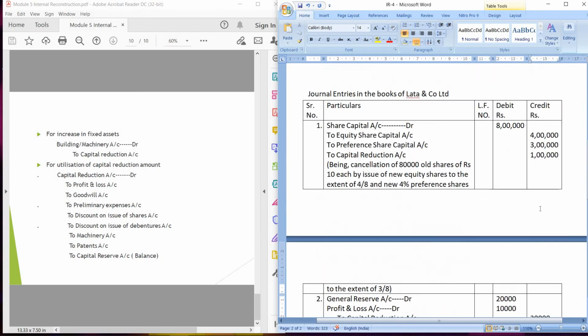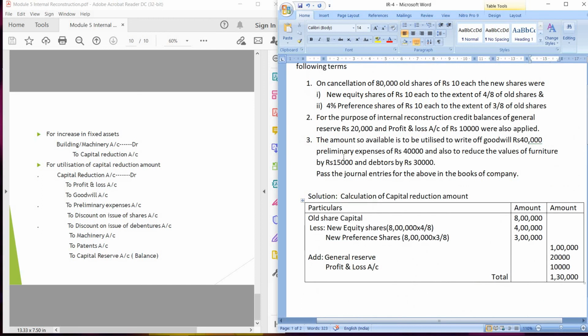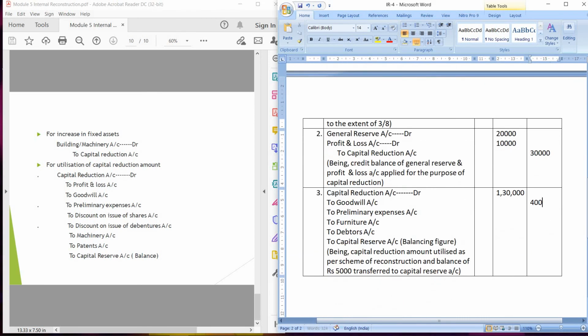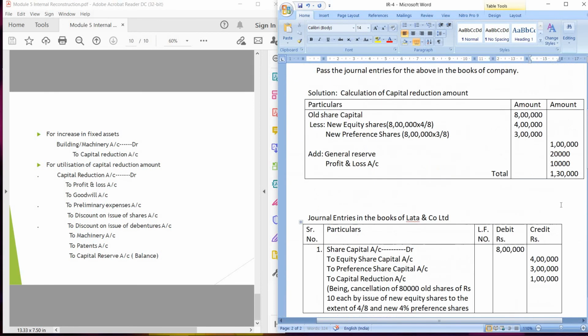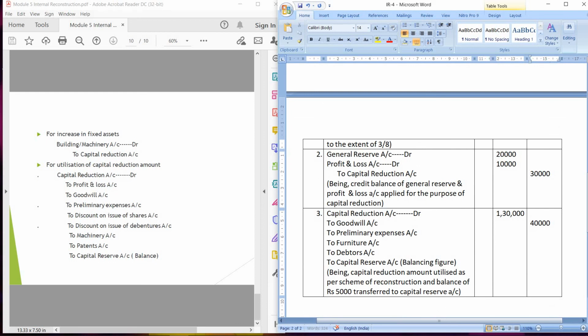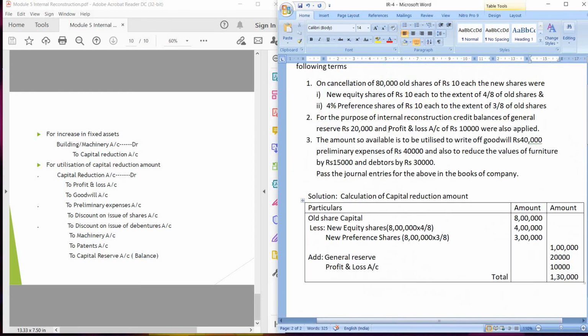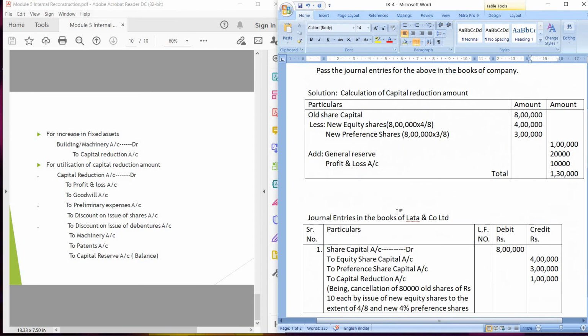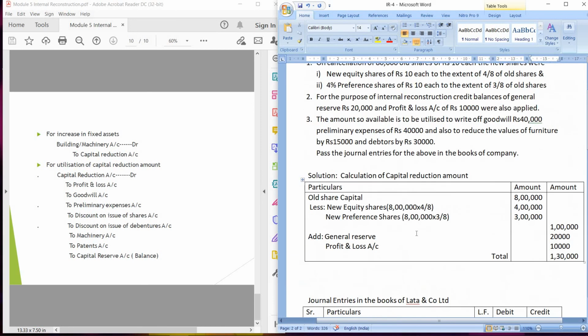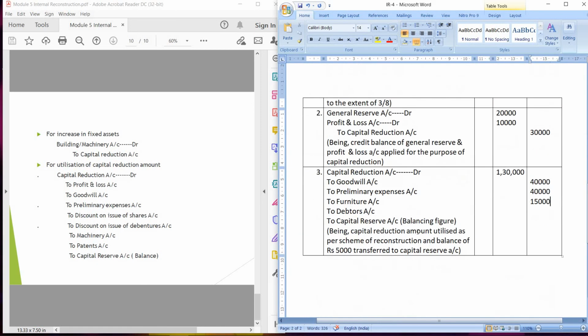To goodwill account, what is the amount of goodwill to be written off? It is 40,000. So we will write it here. Then to preliminary expenses, they are also 40,000. Then next what you have to write off is furniture, which is 15,000. And then you have to write off debtors, which is 30,000.